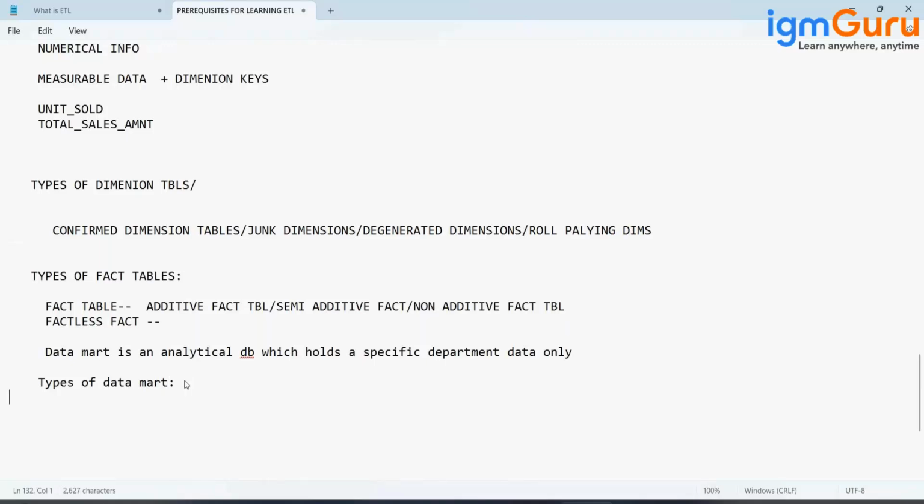Coming to the types, there are different types: dependent data mart, and another one is independent data mart.